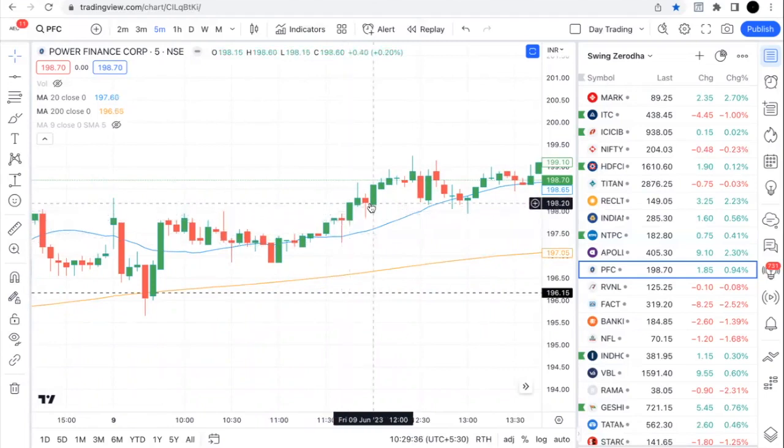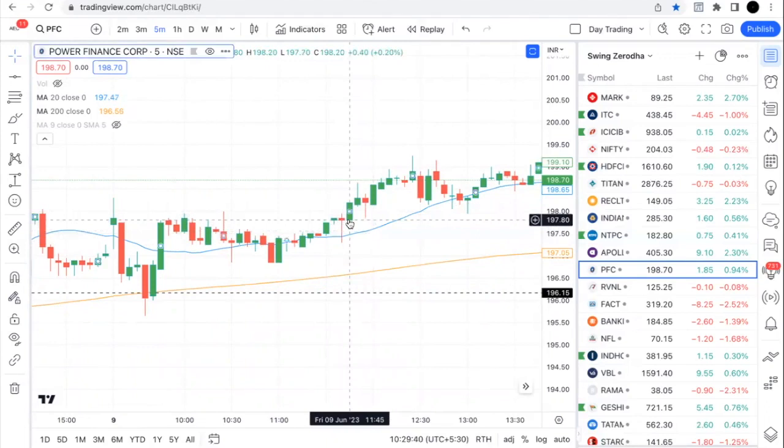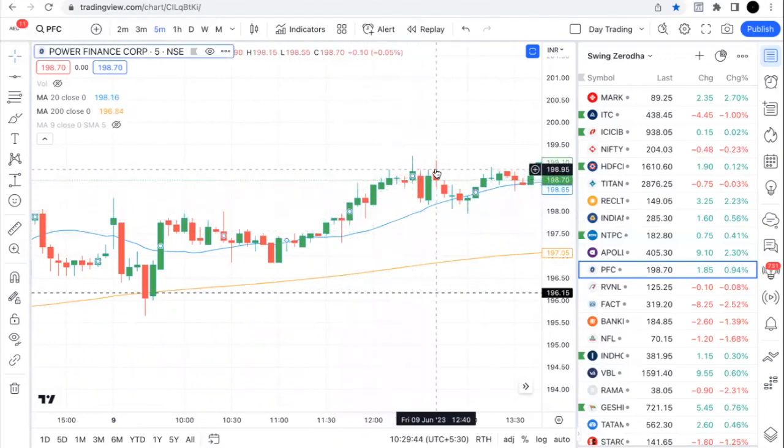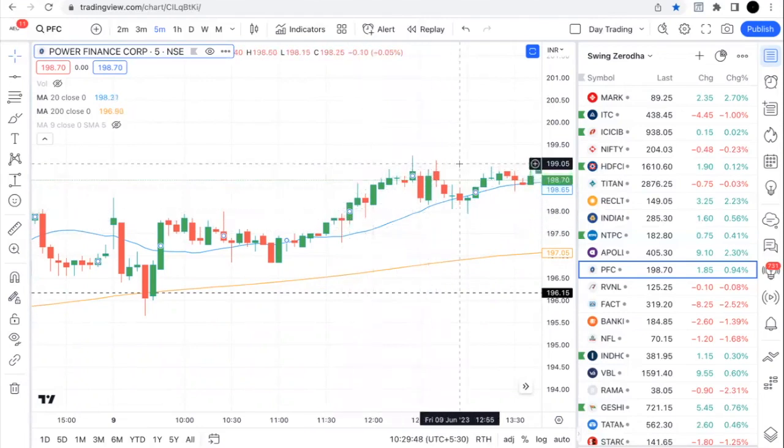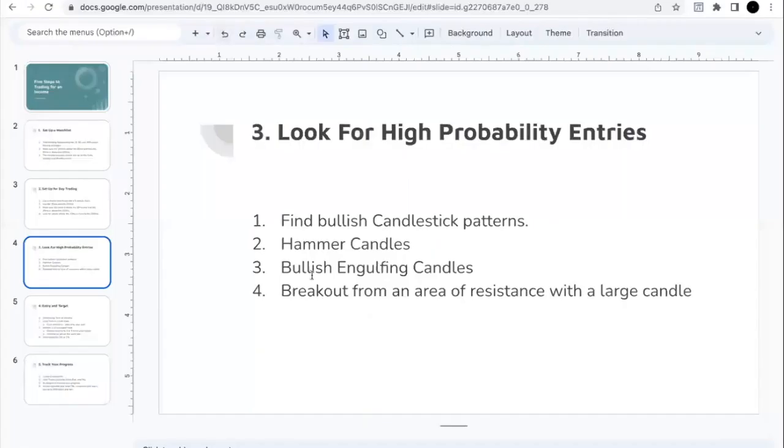Lower prices were rejected. So these candles are often a good point of entry, showing that the probability is higher that the prices will continue in that direction. So three types of candles that you want to look for: hammer candles, bullish engulfing candles, and a breakout from an area of resistance.